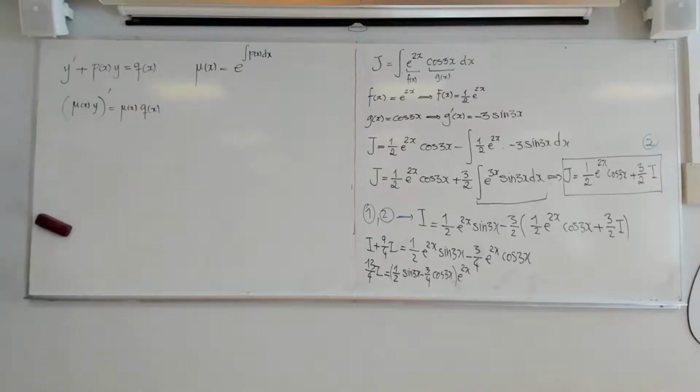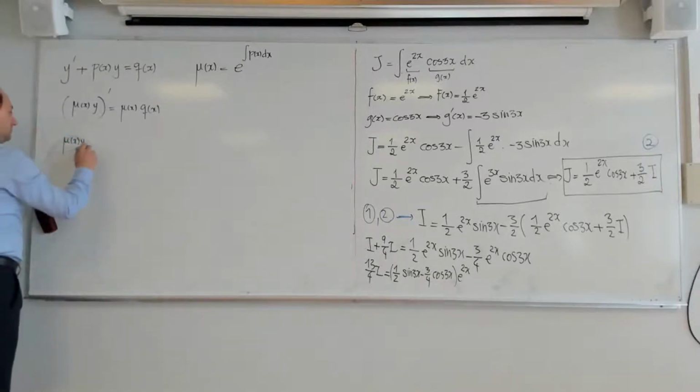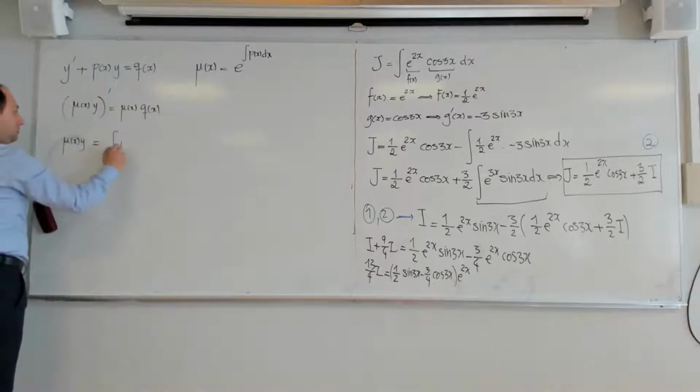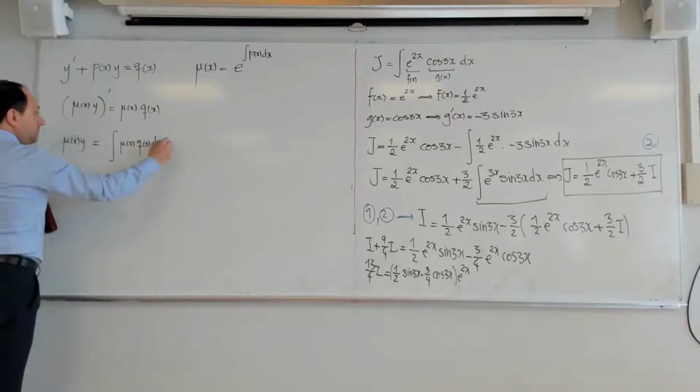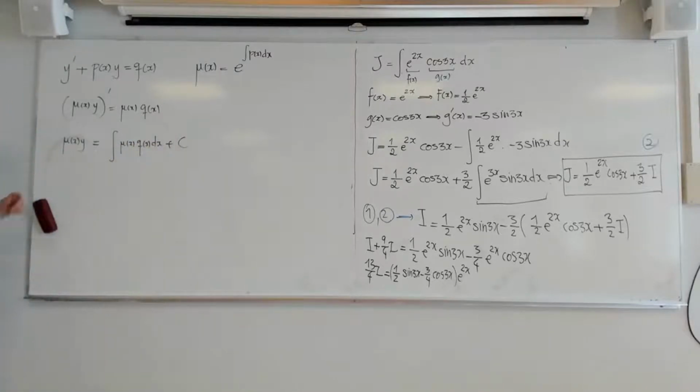And then you integrate both sides. You find the primitive function for this, to be the integral of mu of x, q of x, dx plus a constant. And then you are looking for y. So y becomes 1 over mu of x times this expression.